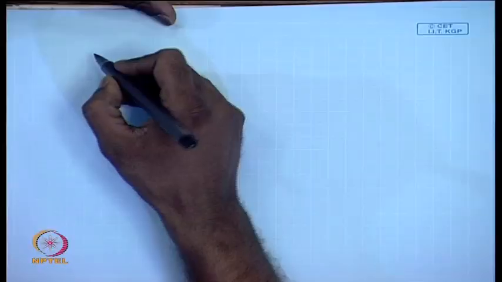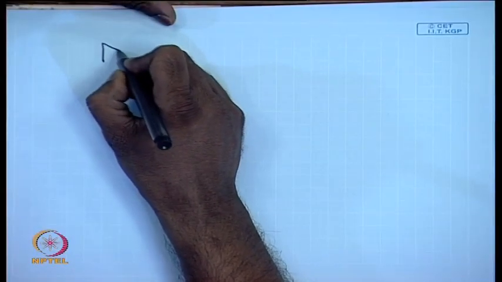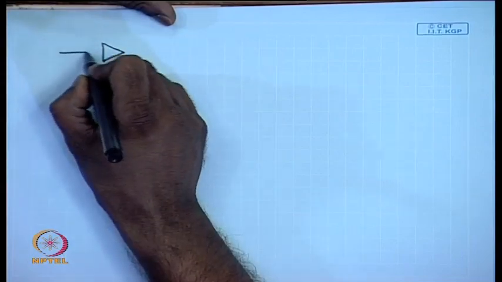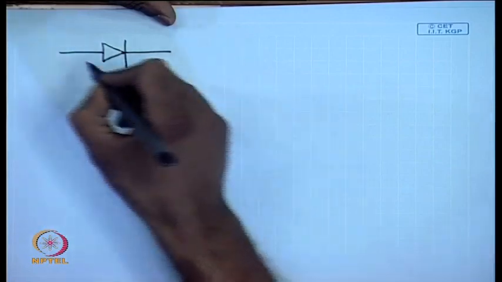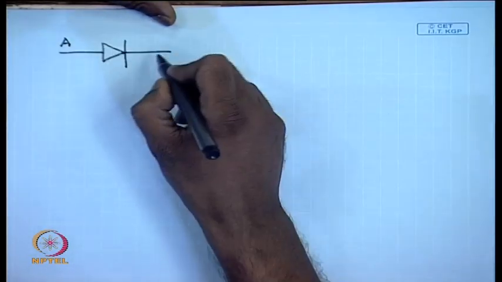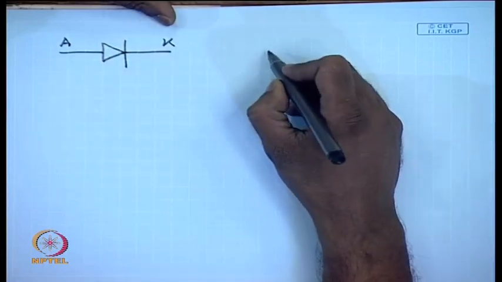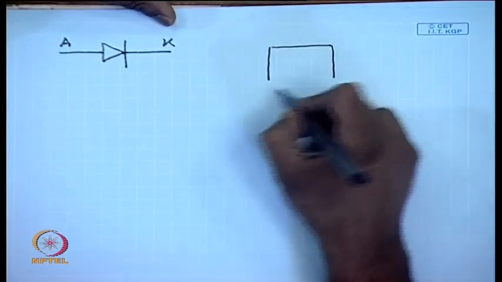The first device that is used is a simple diode. As you all know, a diode is a PN junction semiconductor device.